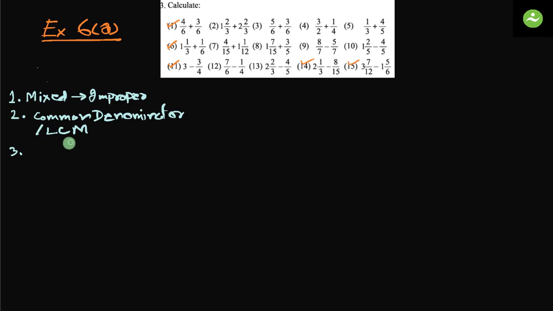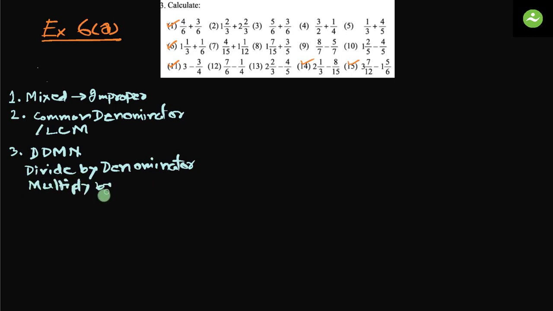And then what you do, you remember the formula DDMN. What does this mean? Divide by denominator and multiply by numerator.